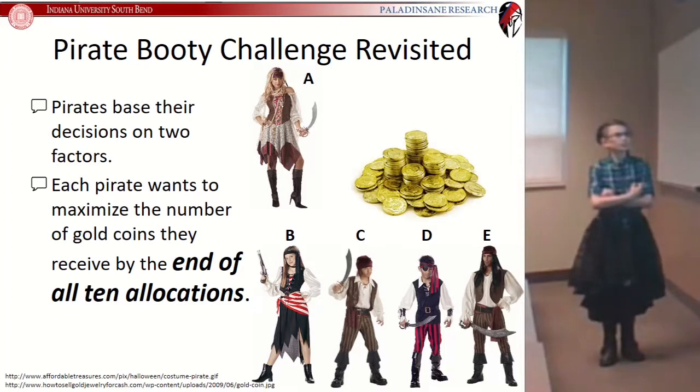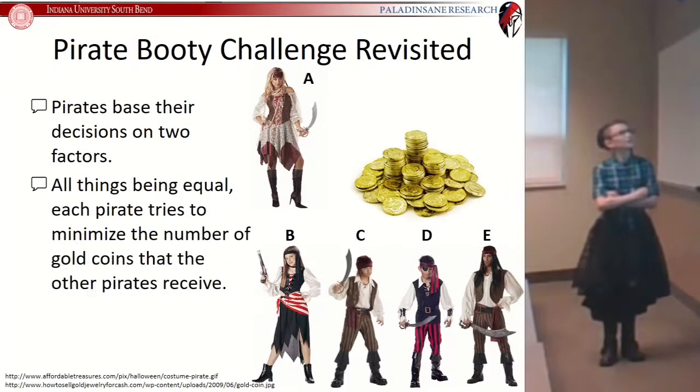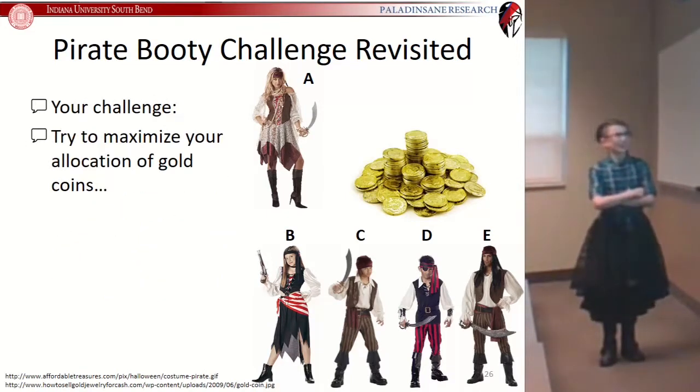Each pirate wants to maximize the number of gold coins they receive by the end of all 10 allocations. All things being equal, each pirate tries to minimize the number of gold coins that the other pirates receive. Your challenge: try to maximize your allocation of gold coins.